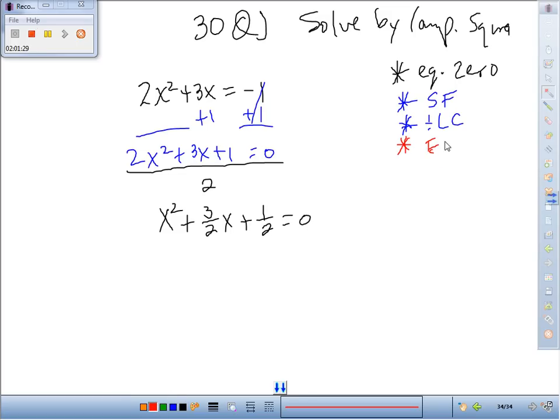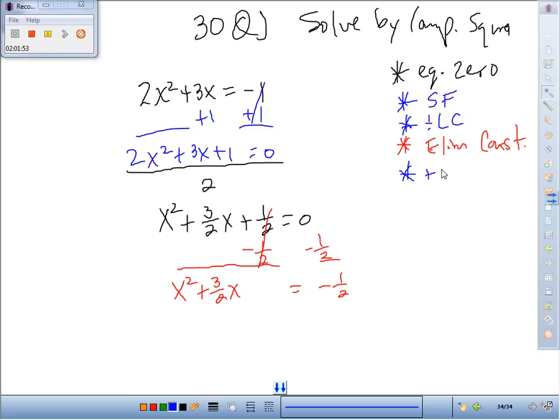Step 3. Eliminate constant. What do I do? Minus 1/2, minus 1/2. We're left with x squared plus 3/2 x, blank, equals negative 1/2.